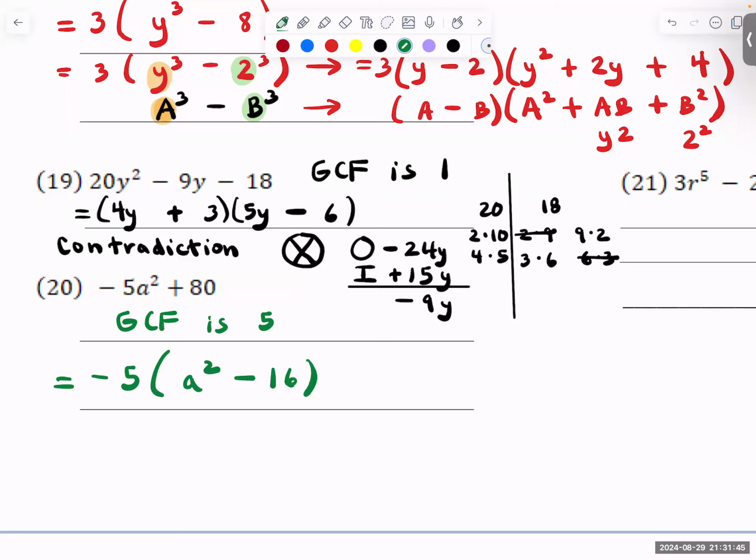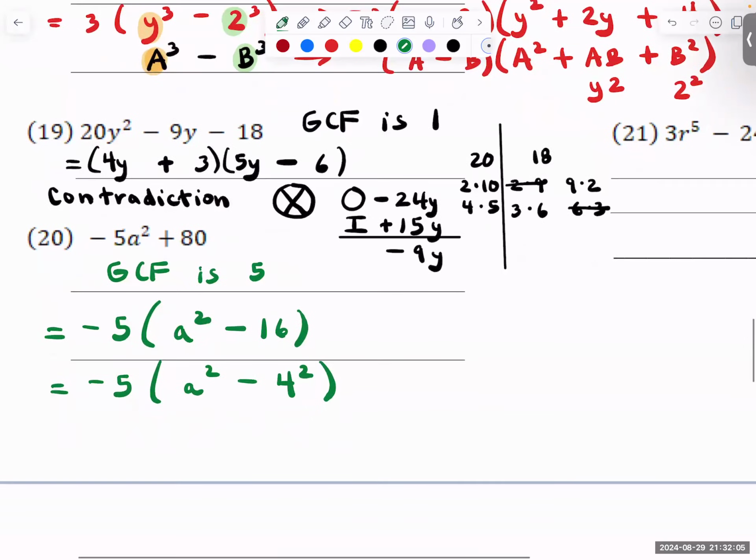So we have now inside the parentheses a difference of 2 squares, like A squared minus B squared, where capital A in the formula would be little a, and B would be 4, since 4 squared is 16.